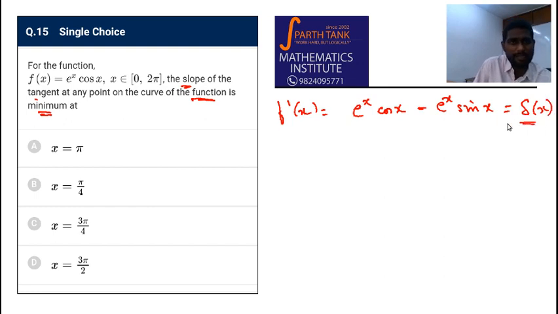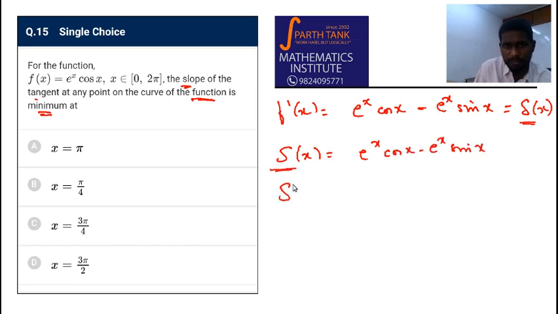Now where is s maximum or minimum? Where is s minimum? So if I have s of x is this function, to find minimum of this, find s dash of this function, put it equal to 0.